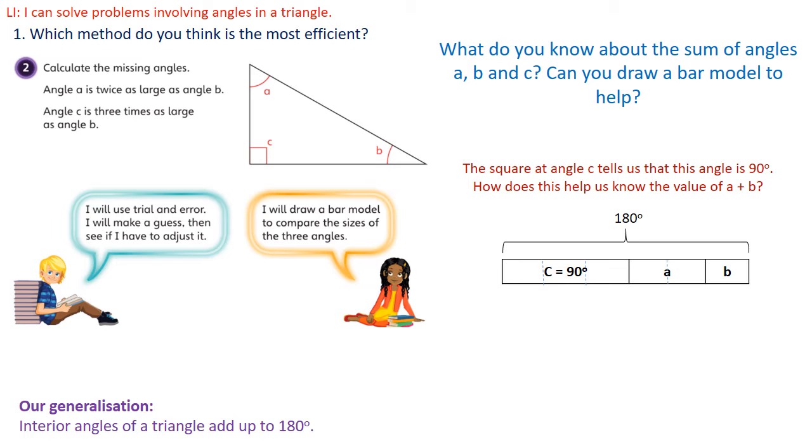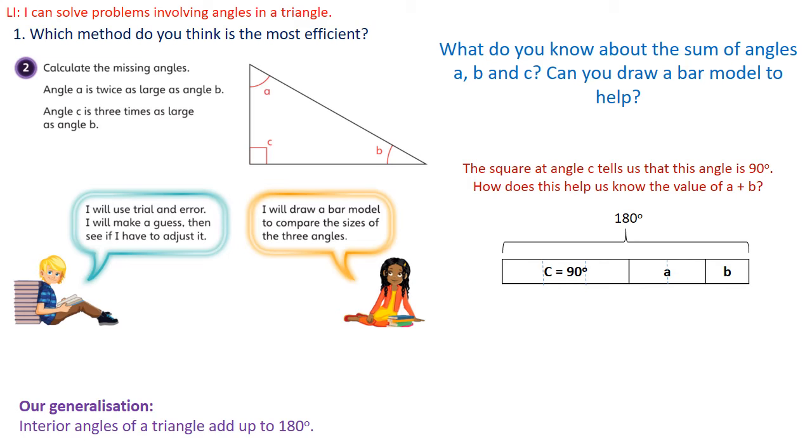What does that mean? So if angle B was 1 degree, angle A is twice as big, so it would be 2. If angle B was 5 degrees, angle A is twice as big, so that would be 10 degrees. If angle B was 10 degrees, angle A would be twice as big, which would be 20 degrees.